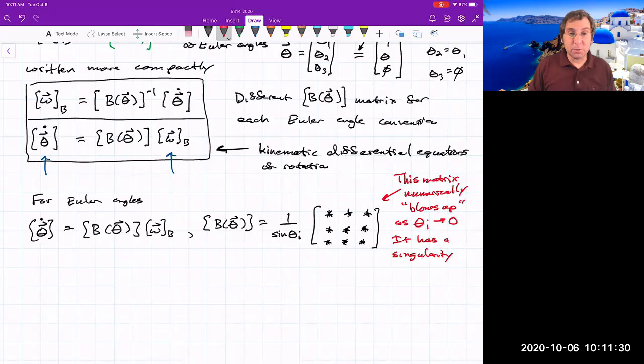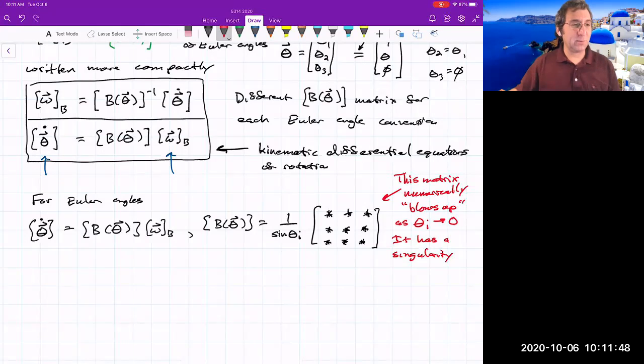you will have problems. And let's say you're designing a controller for some complicated drone or something, you don't want it blowing up numerically and then this thing just crashes and fails. So this is a well-known problem.